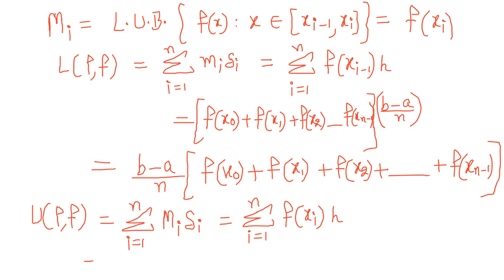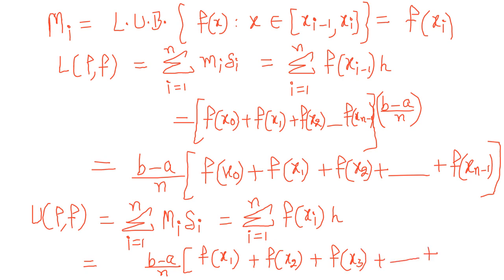So you can see here it is b minus a upon n, then i equal to 1, so it is f of x1 plus f of x2 plus f of x3, plus f of xn. In this way you will get the UPF here.